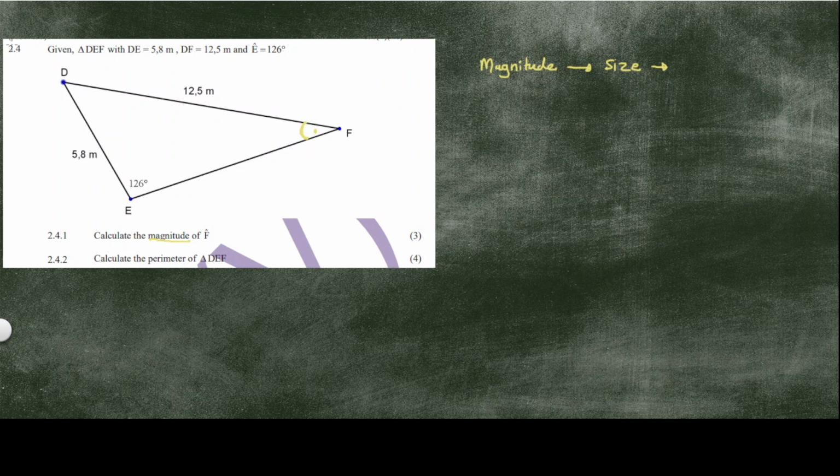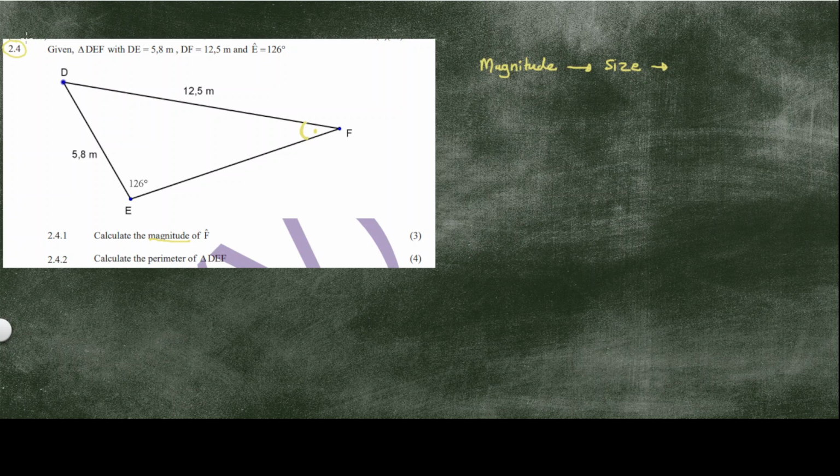Do you see that for 2.4, they don't tell you which rule to apply? So now the question I want to ask you is, which rule are we going to use for this triangle in order to calculate the magnitude of F?